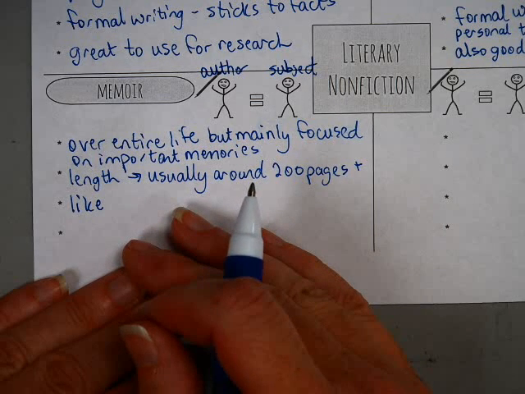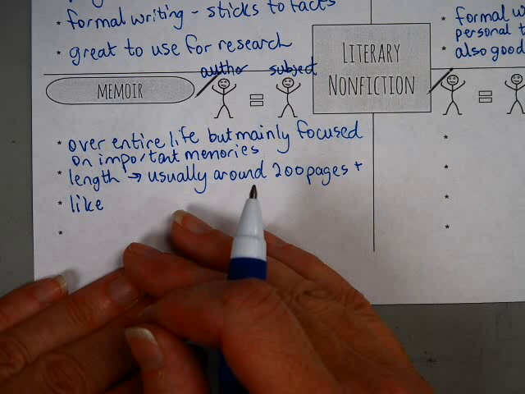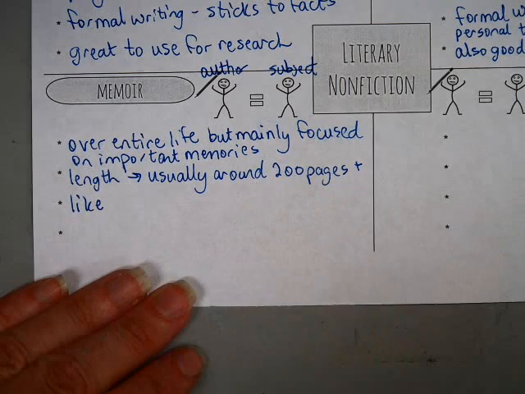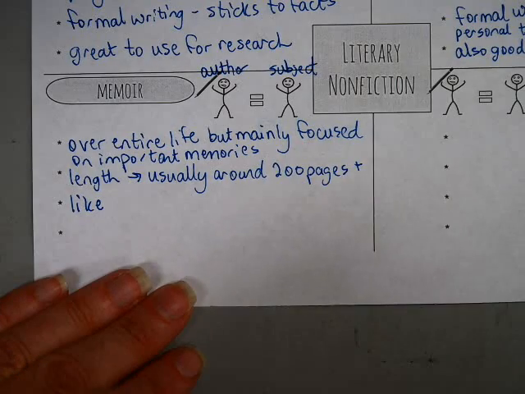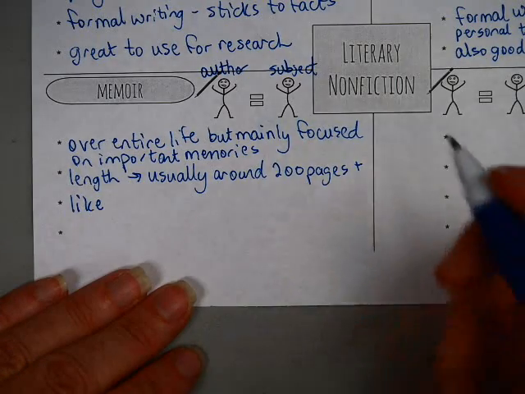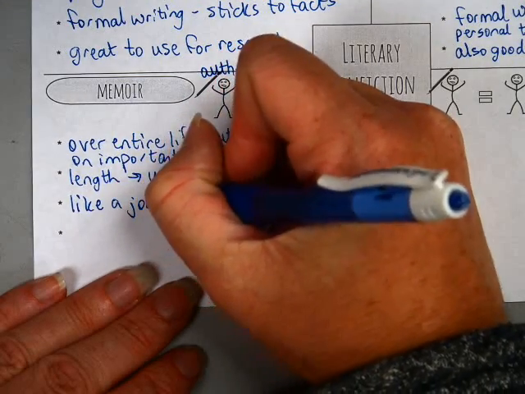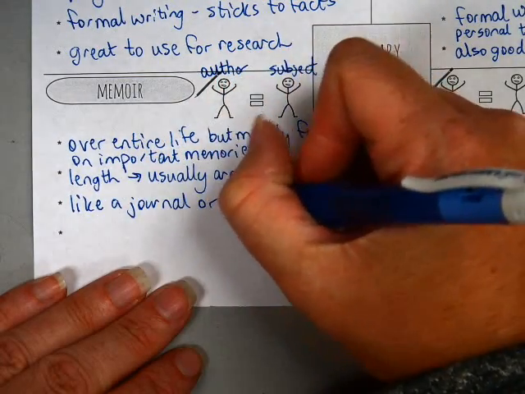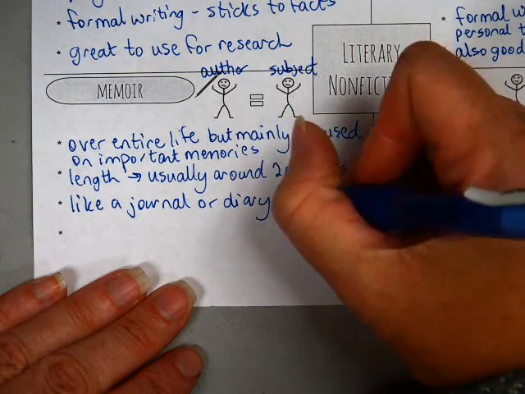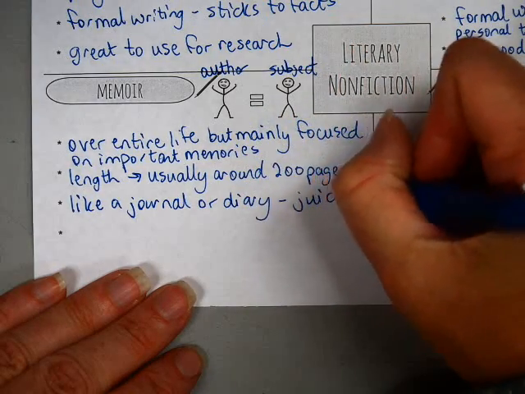This might include information that shocks you. This might make you laugh, make you cry. A memoir, again, is going to be very, very personal. It's like picking up someone's diary and actually reading it. So this one is like a journal or diary. It's going to be juicy personal writing.